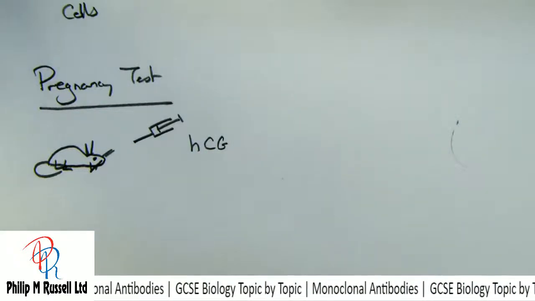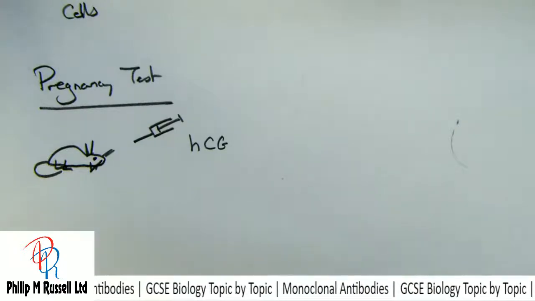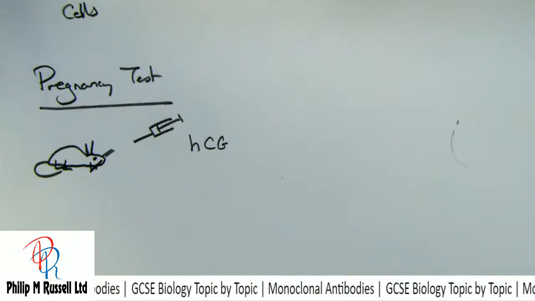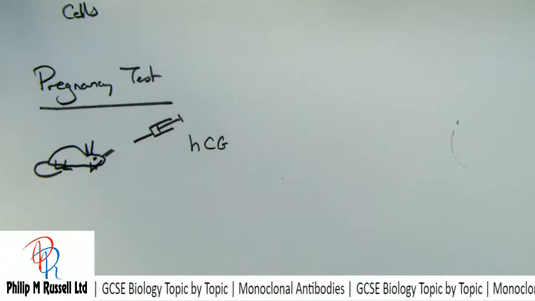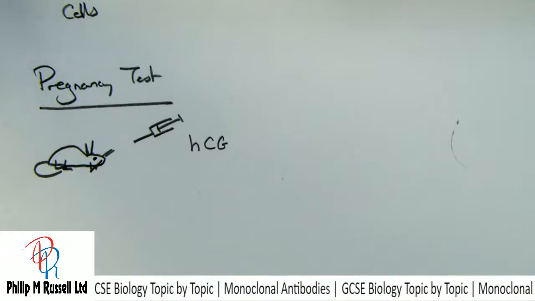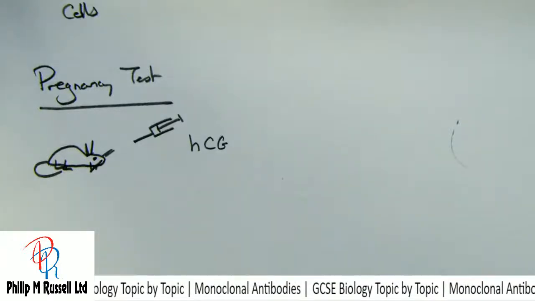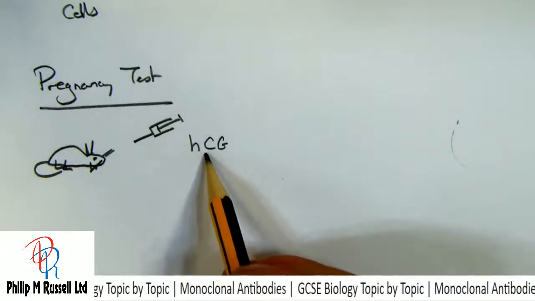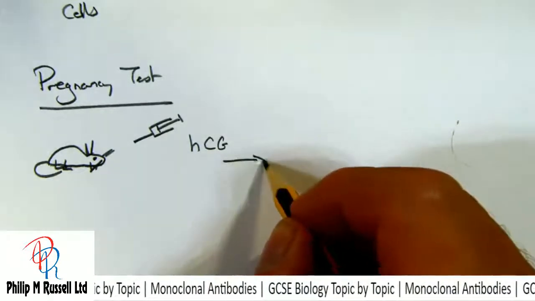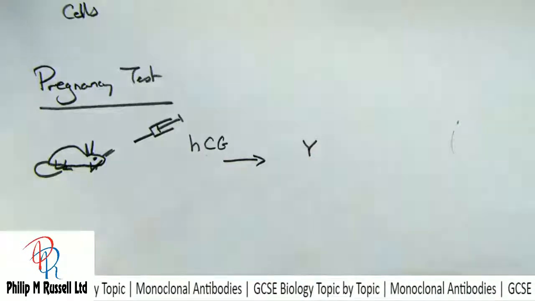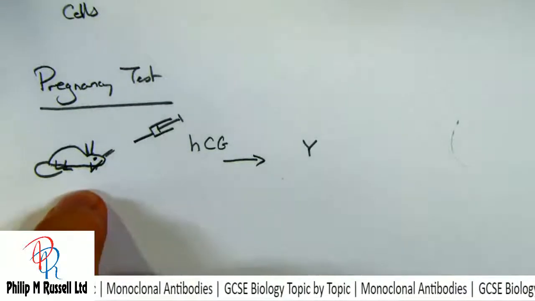HCG here is a hormone produced by a woman when she is pregnant. Human chorionic gonadotrophin. Now, some of this hormone is found in the blood and in the urine of the mother when she becomes pregnant. So what we can try and do is we can put some of this hormone into this mouse, and this mouse will produce a particular antibody to this because it's a foreign substance to this particular mouse.